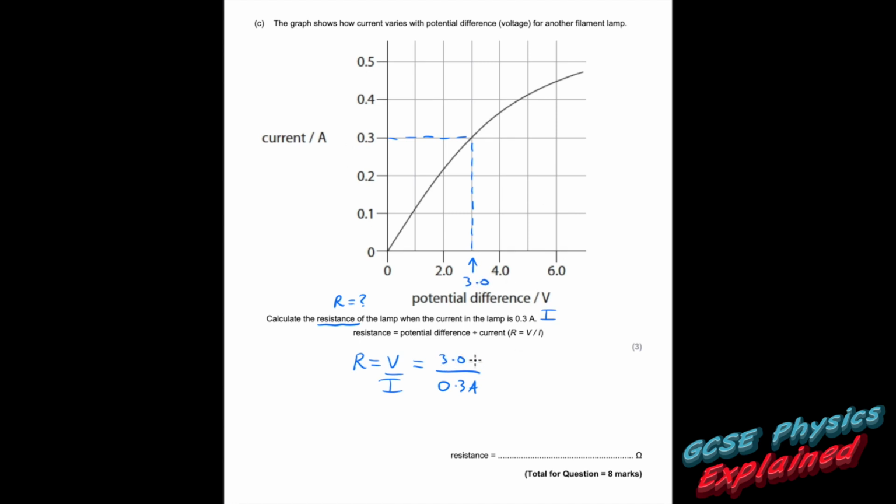So 3 volts goes in there, and if we do the calculation, that comes out as 10. And that's ohms. So always do the calculation. Don't think, oh, I know what the answer is. Always just pop it into your calculator just to make sure. I've saw loads of students over the years making mistakes because they're getting cocky.